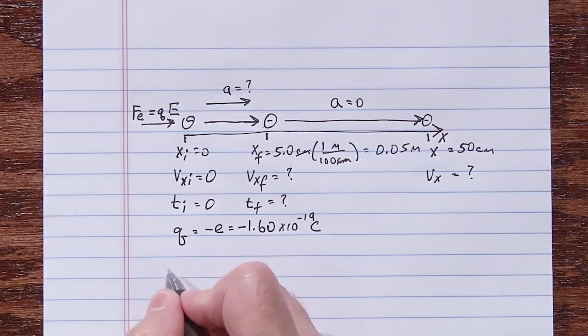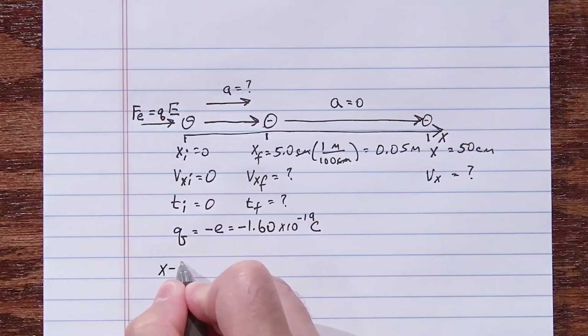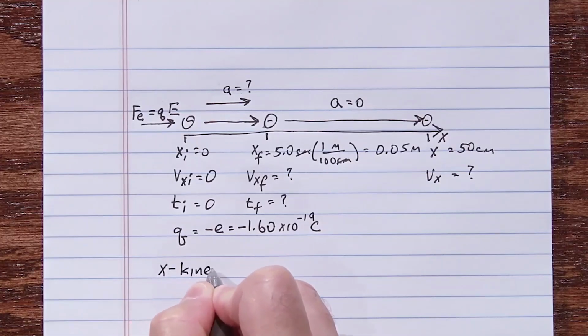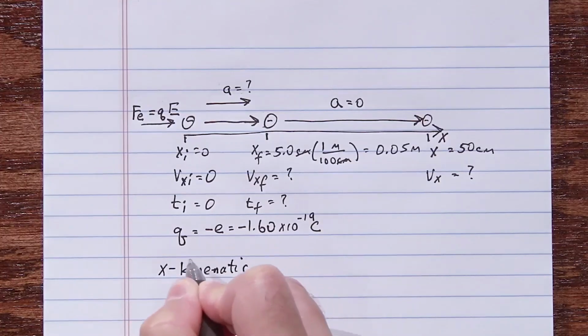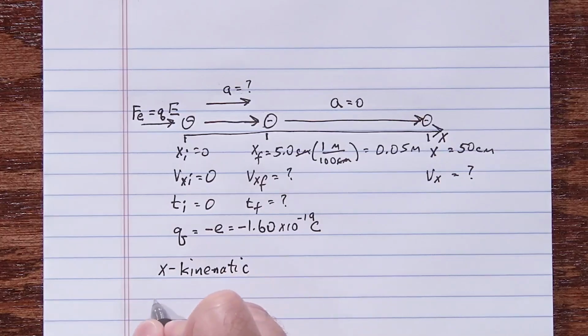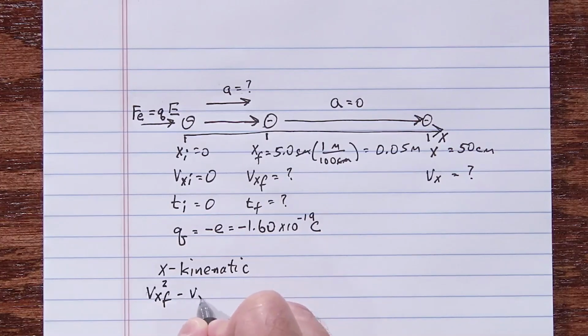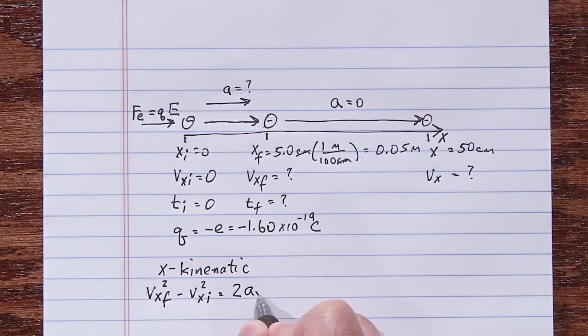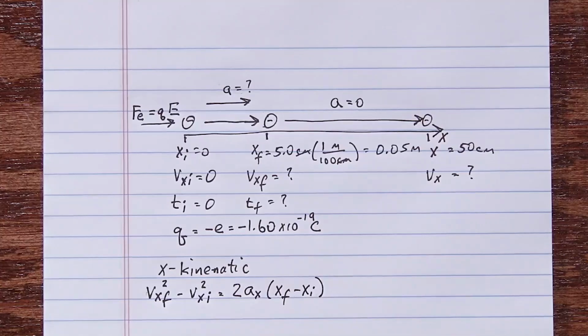And that equation, so we need our x kinematic equation. And so that would be Vx final squared minus Vx initial squared is equal to 2 times the acceleration in the x direction times x final minus x initial.